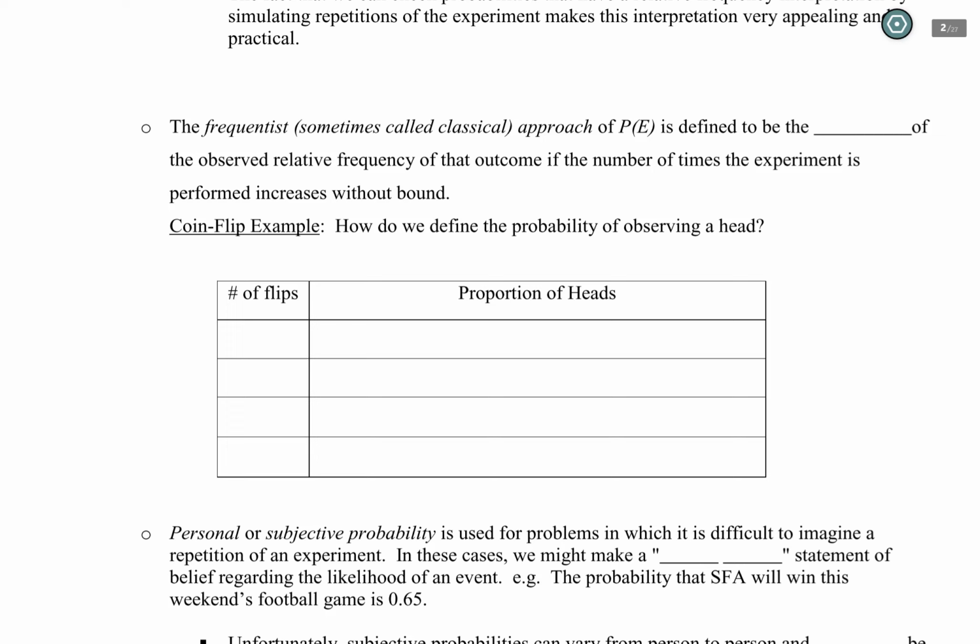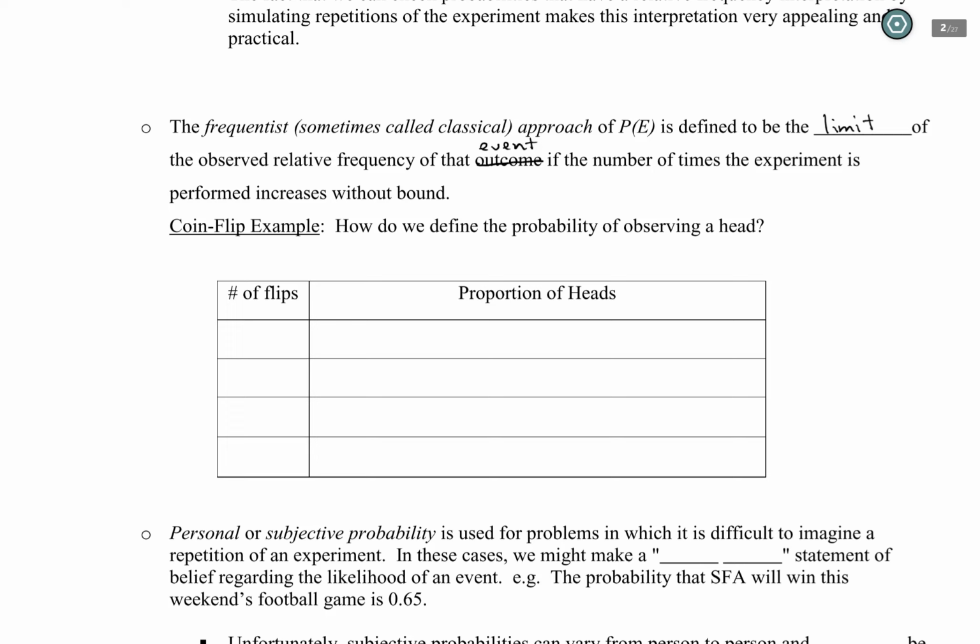So the frequentist approach defines the probability of some event to be the limit of the observed relative frequency of that event, really, as the number of times the experiment is performed increases without bound.